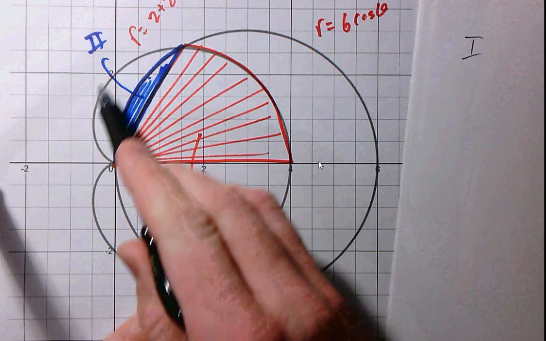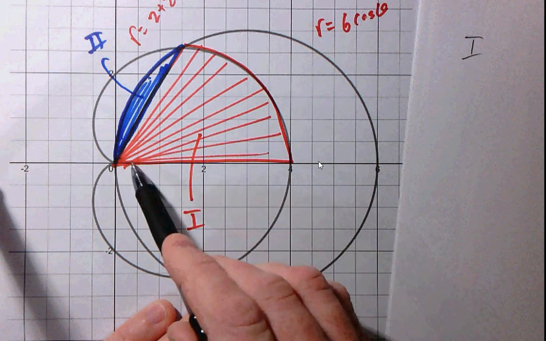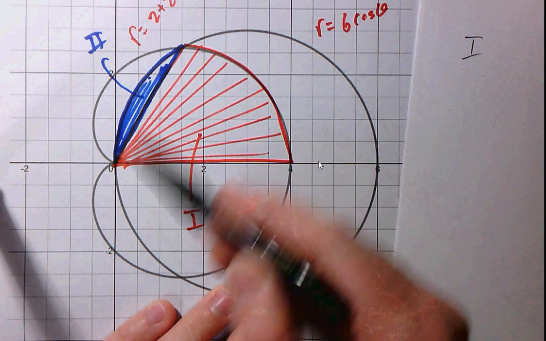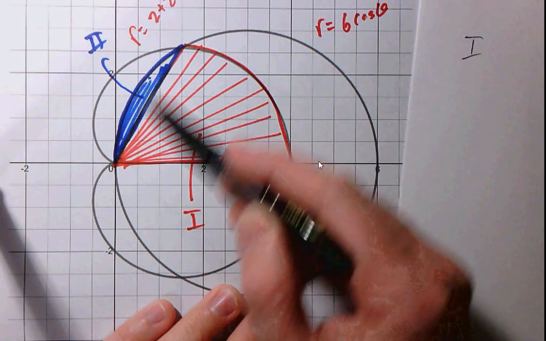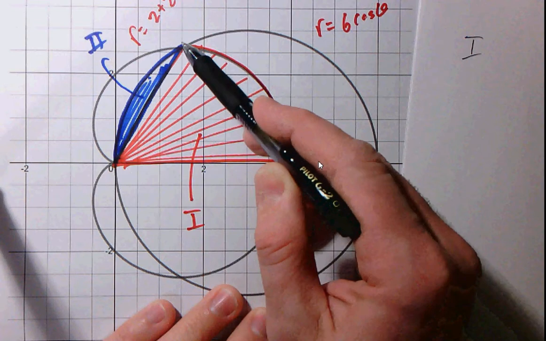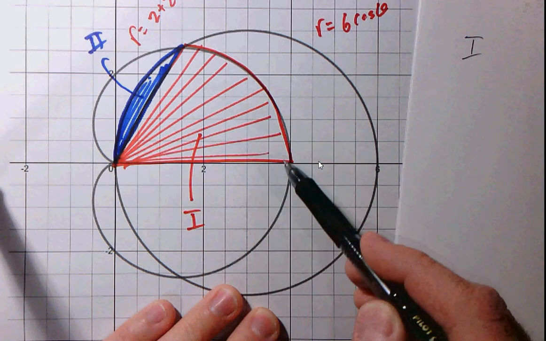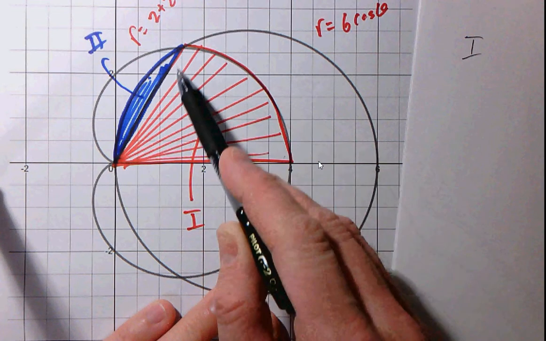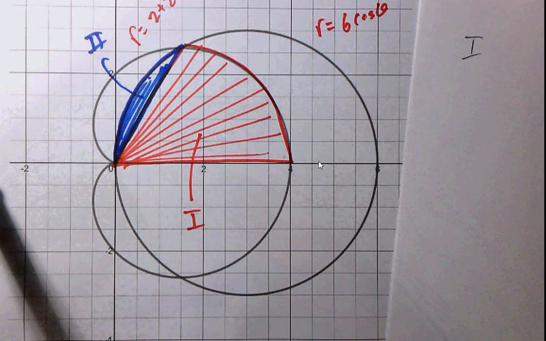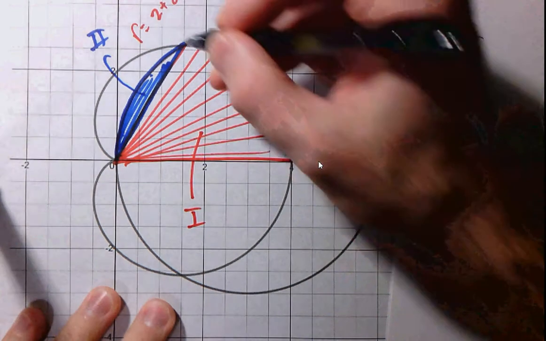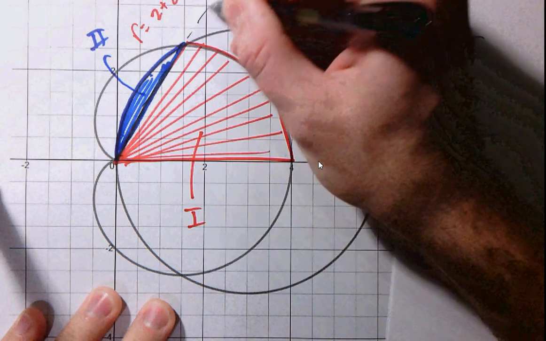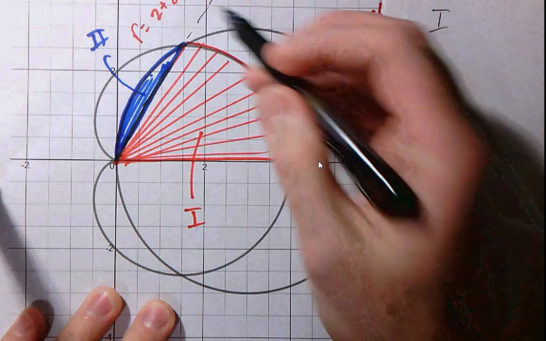This curve is actually the limacon. Now for region 2, that's when the circle becomes the bounding curve. And so at this point right here, we're going to switch from integrating under the limacon to integrating under the circle. And the key here is figuring out where these two things intersect, right? And that's at this ray right here.